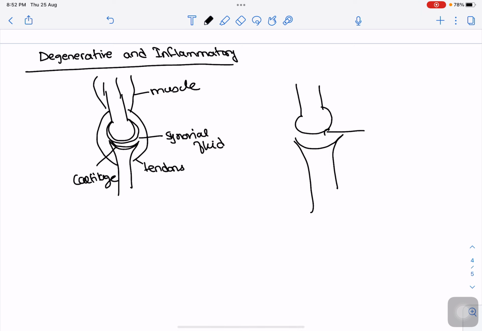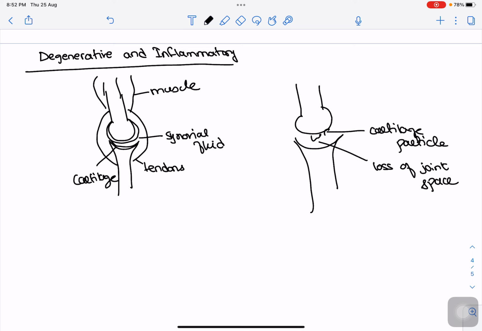That means the cartilage is destructed, and you would also see there is a loss of joint space. That means you will also find cartilage destruction, and along with that there is an osteophyte, and the formation of osteophyte.